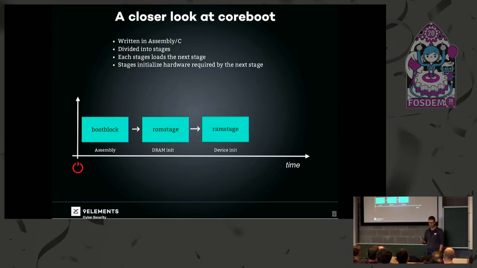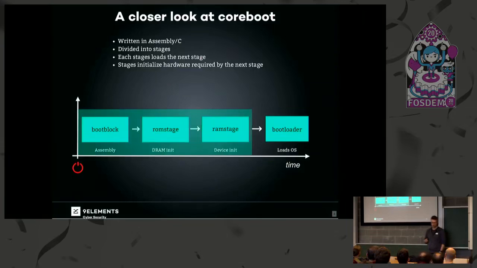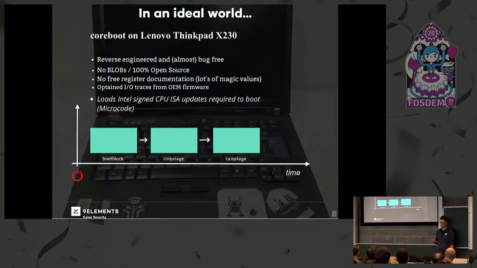And once the DRAM is available, we can initialize other devices like PCI, PCI Express, and so on. After that, the bootloader, or in case of coreboot, the payload, is loaded into memory, and that loads the operating system. I only care about the first stages as shown here.